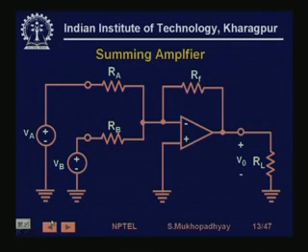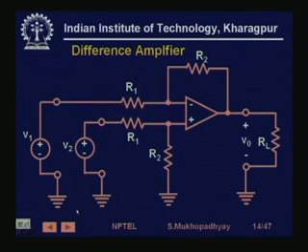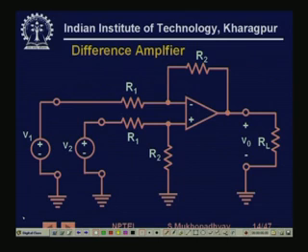So now similarly we can have a difference amplifier. Now see, this configuration is slightly different in the sense that one of the sources is connected to the non-inverting input through a resistance network, and the other is connected to the inverting input.